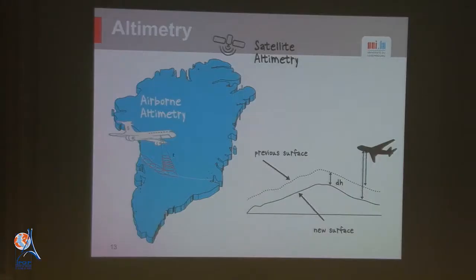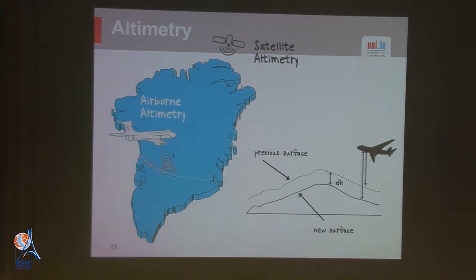Now, I don't know how much you guys know about altimetry, so forgive me if I'm being too elementary for you all, but the way airborne laser works is a plane flies over the Greenland ice sheet at one time, and it measures the distance between the airplane and the surface. We know where the airplane is with respect to the center of the Earth because of GPS.